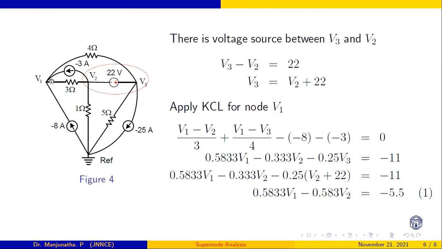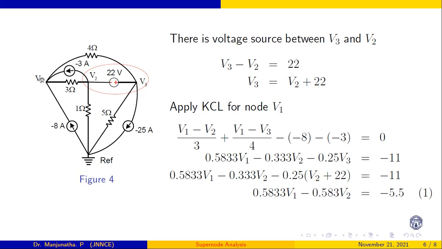This is node 1, V1, and between node 2 and 3, there is a voltage source. The polarity of this is plus, that is V3 minus V2 is equal to 22 volts, or V3 is equal to V2 plus 22. Now coming to node 1, one current is coming towards it, minus 8 ampere, minus 3 ampere, and a 3 ohm resistor is between V1 and V2, and 4 ohm between V1 and V3.